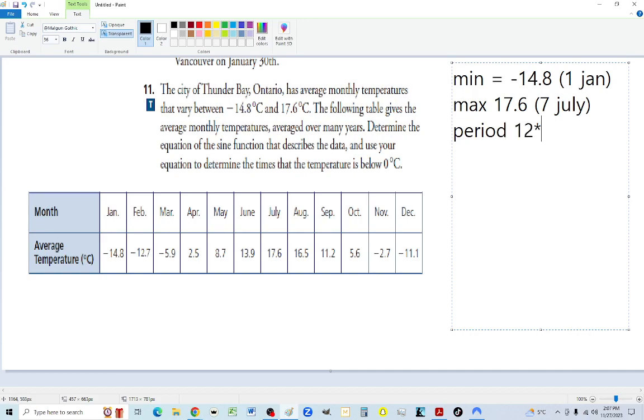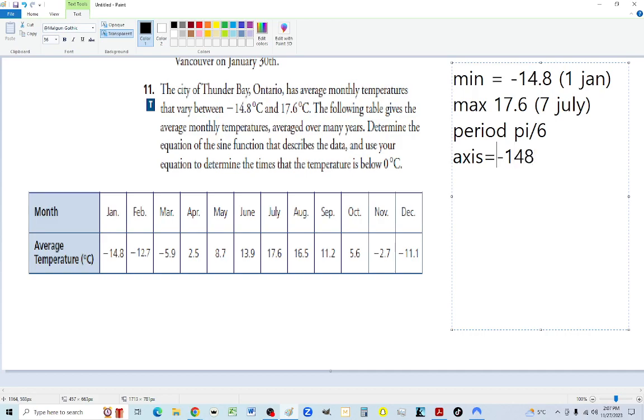So that means we have to multiply, normally multiply by 12 over 2 pi, but because it's the reverse, we're going to do 2 pi over 12, and then we simplify to pi over 6. So this should be our multiplier. And then since we're starting at the very bottom, let's figure out our amplitude. First, our axis is min plus max divided by 2. So that's minus 14.8 plus 17.6.